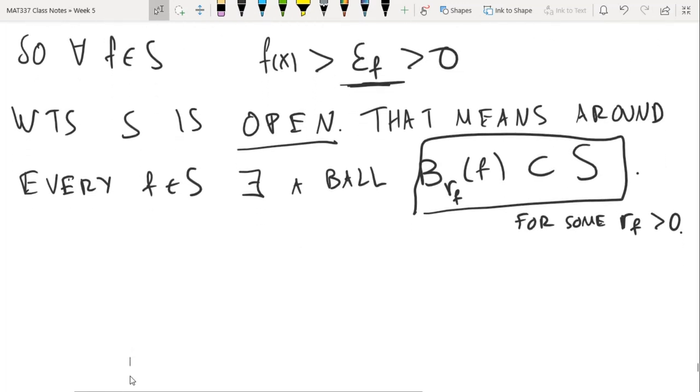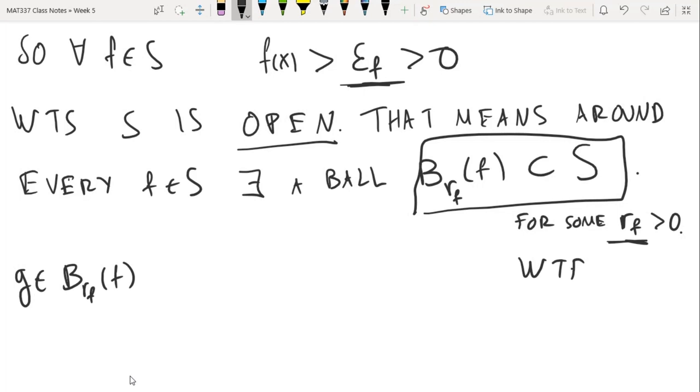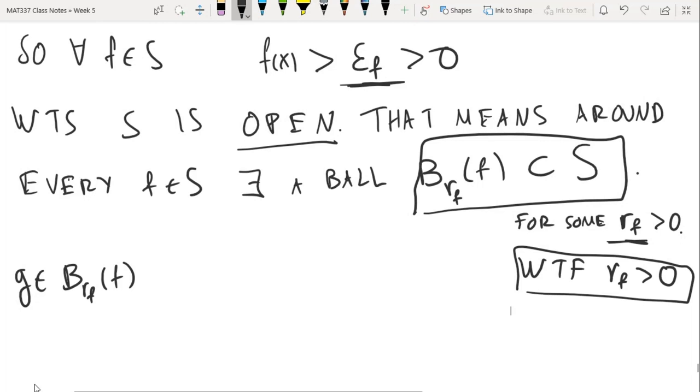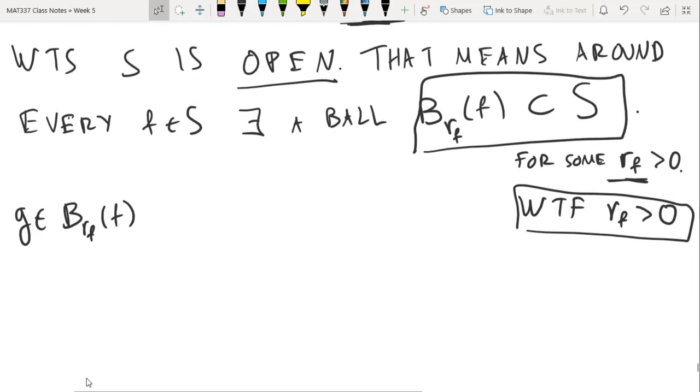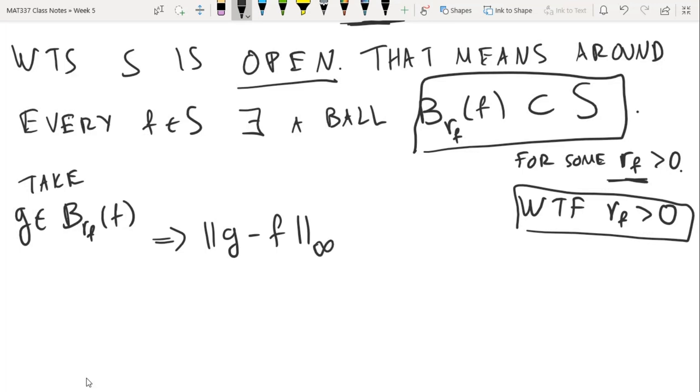So let's see. What do we have? Take g in this ball. We want to find r f. What does that mean? It means that the sup norm of g minus f is less than r f. So now we're reverse engineering.